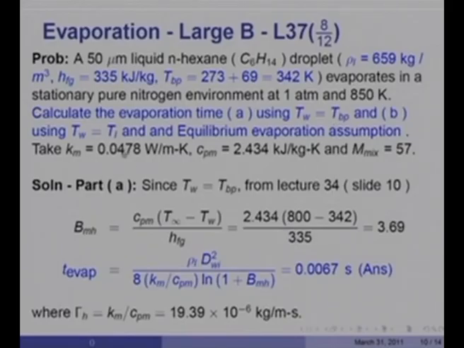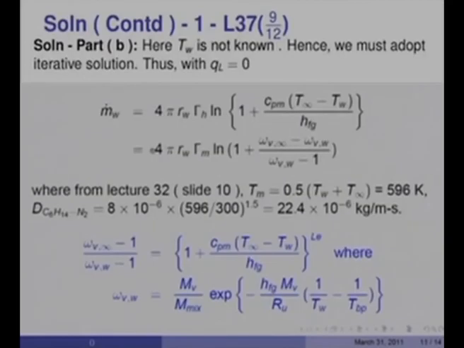Now, suppose we inject it at some other temperature TL, in which case we will have to find out what is the value of TW from the equilibrium evaporation assumption, that is by iteration. So, TW equal to TL is not known, and hence we must adopt an iterative solution.